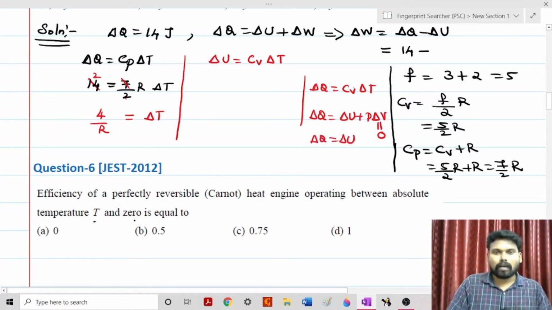Delta U. So for a system at constant volume, you can write delta U instead of delta Q. So that is why this equation has come.